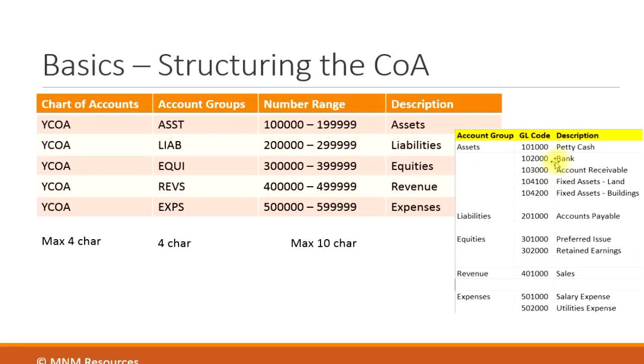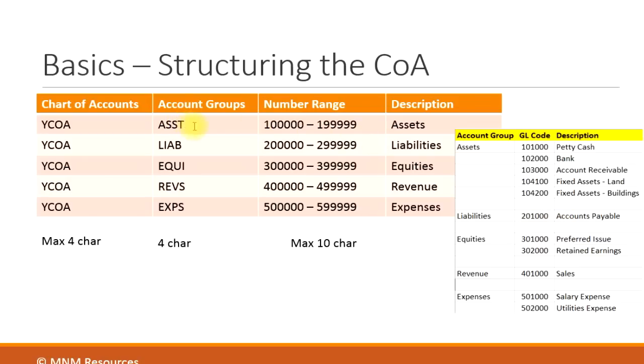In this example, you can see I have given the petty cash code of 101000, for bank 102000, accounts receivable 103000, and so on. Similarly, for liabilities, I have given the account group LIAB with a number range of 200000 to 299999. And I can create a liability account starting with the 2.